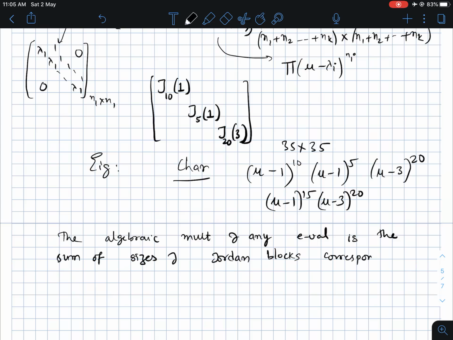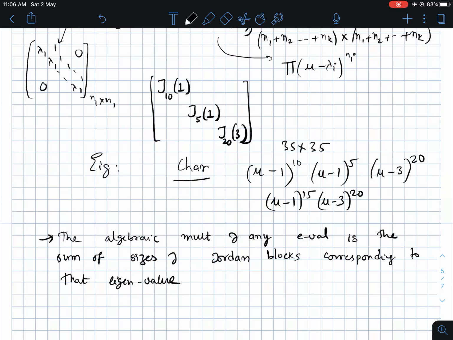Okay, is that clear? That just comes from writing down the characteristic polynomial of this thing. Okay, that is the algebraic multiplicity.